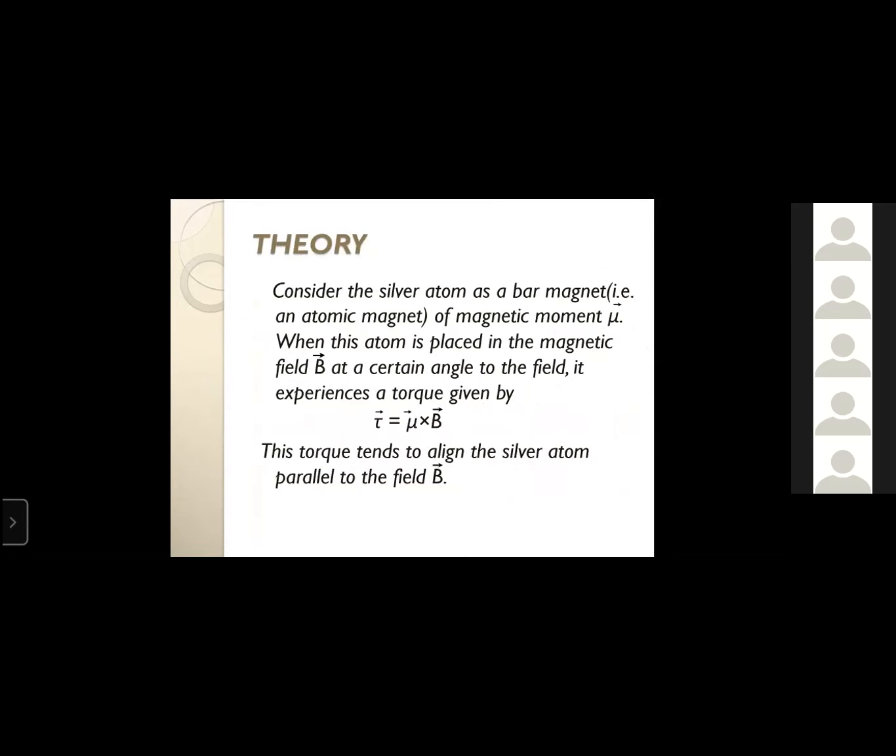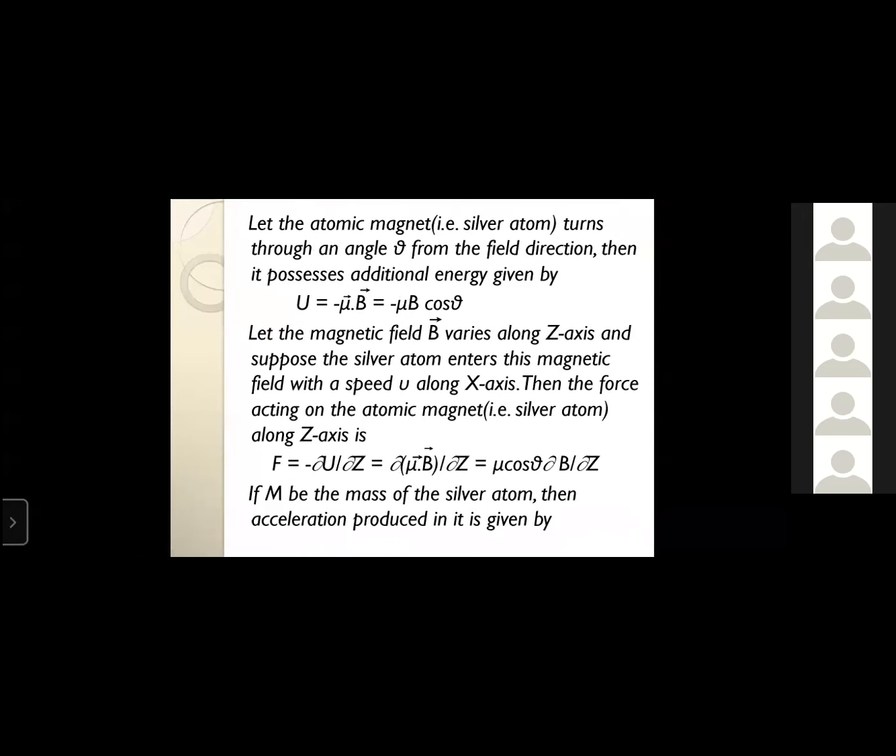Theory: consider the silver atom as a bar magnet of magnetic moment mu. When this atom is placed in the magnetic field B at a certain angle to the field, it experiences a torque which is given by tau equals mu cross B. This torque tends to align the silver atom parallel to the field B. Let the atomic magnet, that is the silver atom, turn through an angle theta from the field direction.